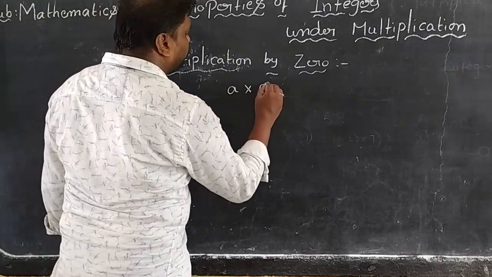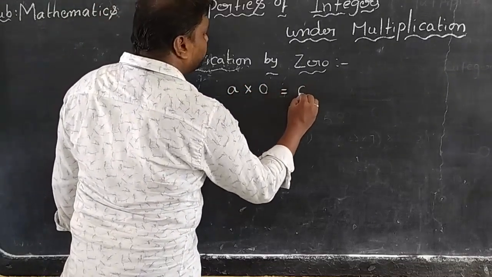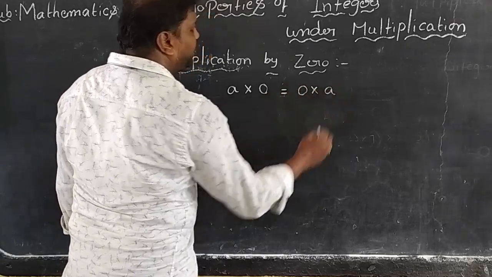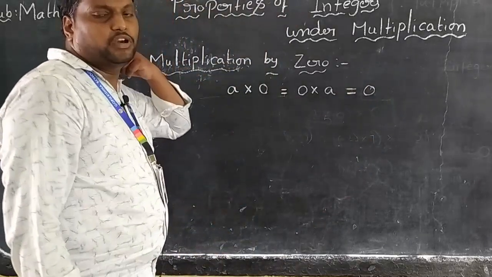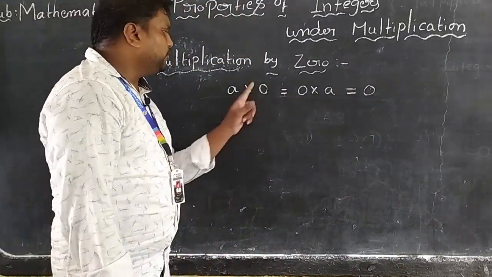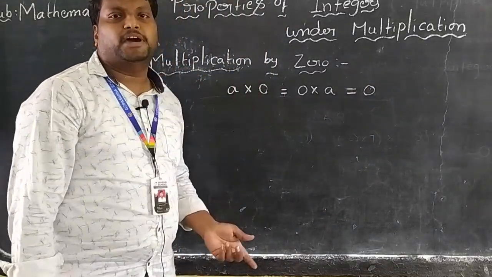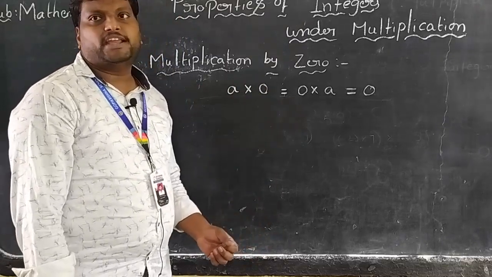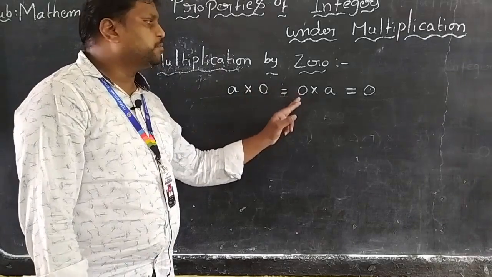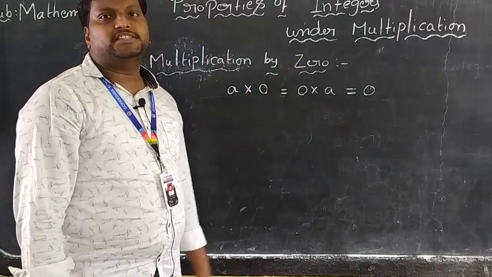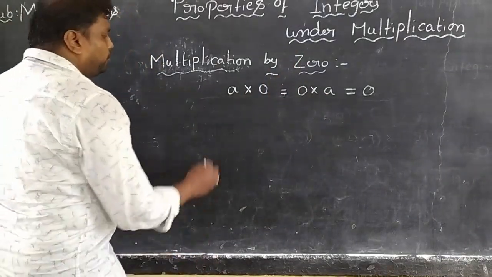If it is multiplied with 0, or 0 is multiplied with an integer a, we will always get the answer 0. Why? Because in whole numbers we know if 0 is multiplied with any number, we get the answer 0. Like that, for integers also, any integer multiplied with 0, or 0 multiplied with any integer, we get the answer 0.